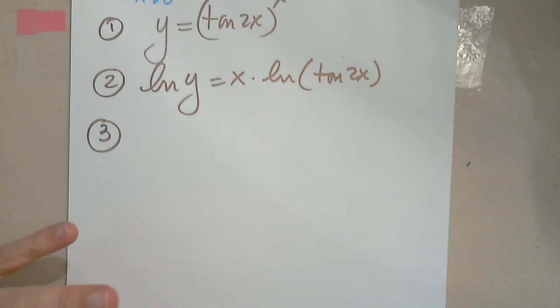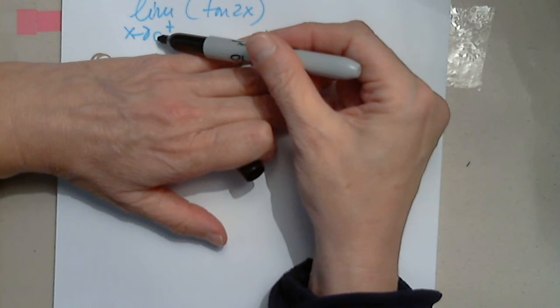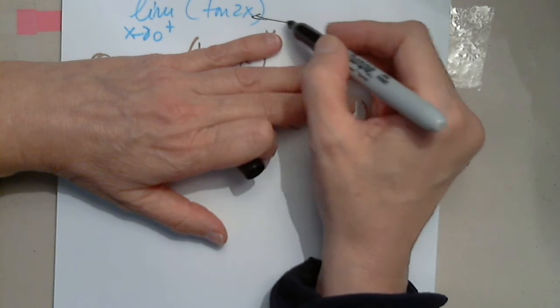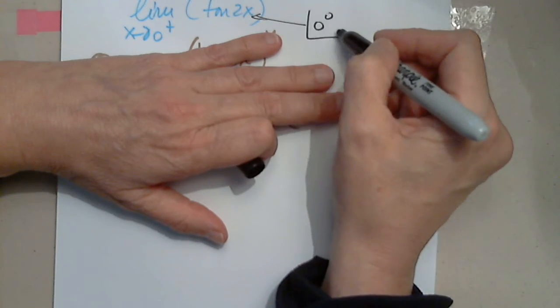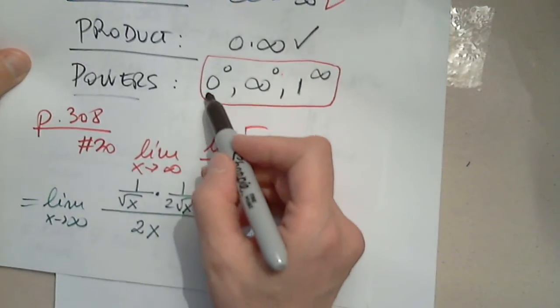Oh, sorry, I jumped. So when x approaches 0 from the right, tangent 0 is 0, and the power is 0. So this situation we are looking at is 0 raised to 0.